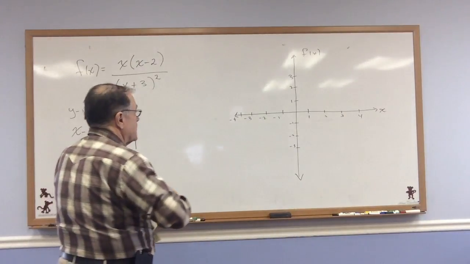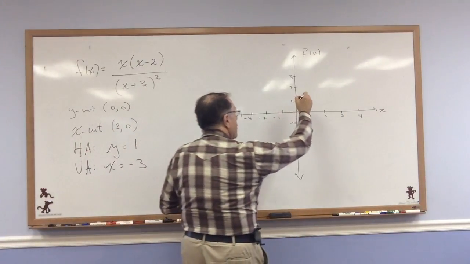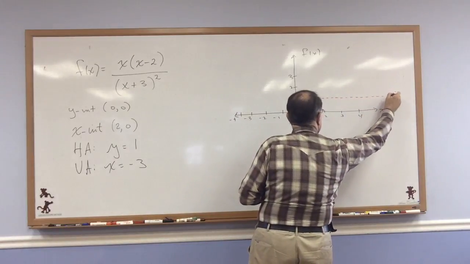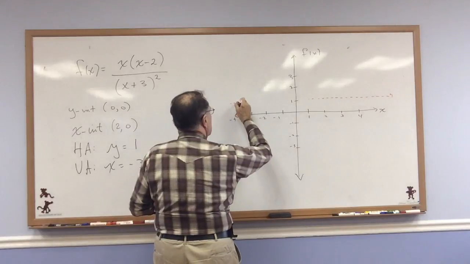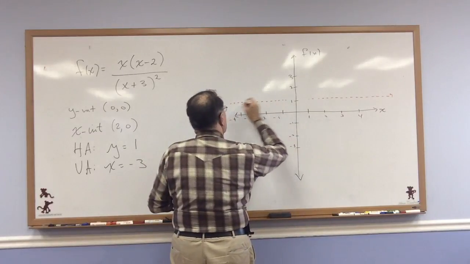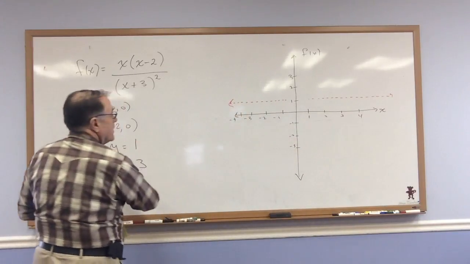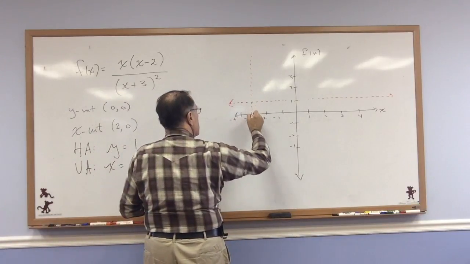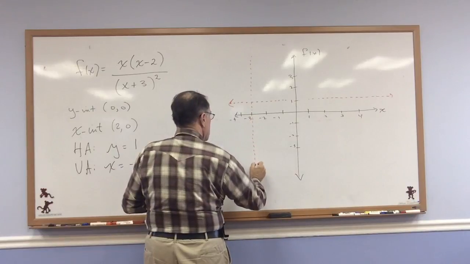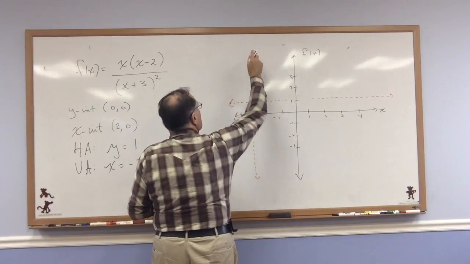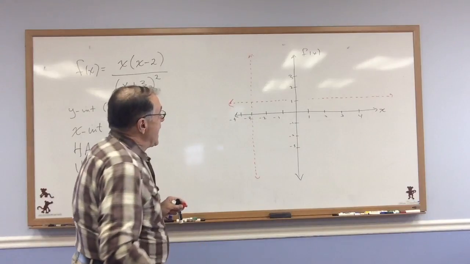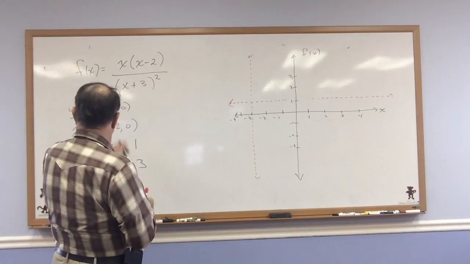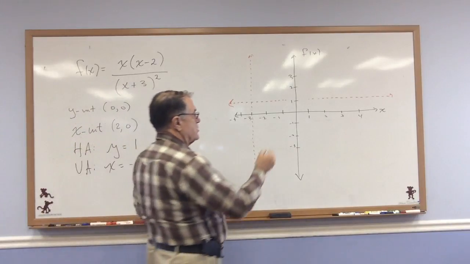We've got a horizontal asymptote, y equals 1. We've got a vertical asymptote, x equals -3. We have a y-intercept at the origin and an x-intercept at 2.